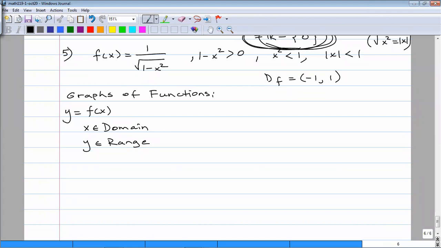Range is the values of the function. And the domain is the values of the input. The number you put into the function is the domain. But once you input the number, the result is the value of the function. That's the range.